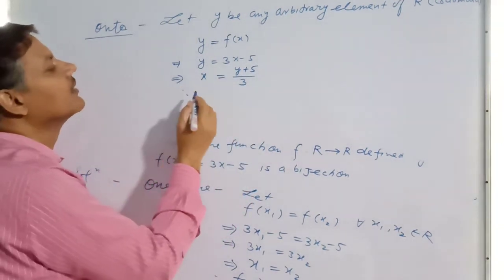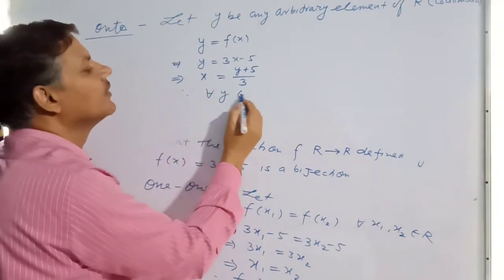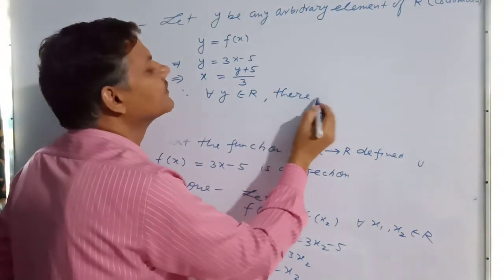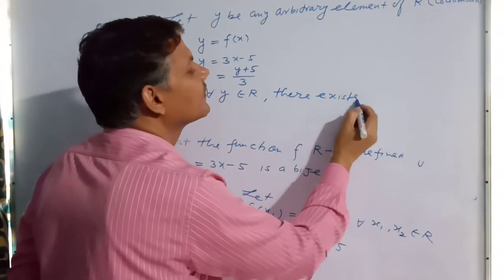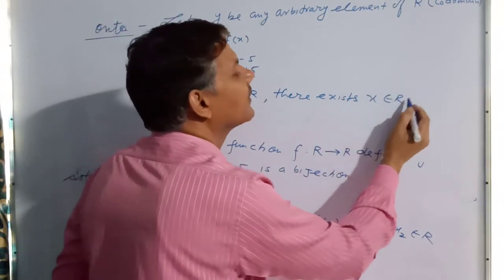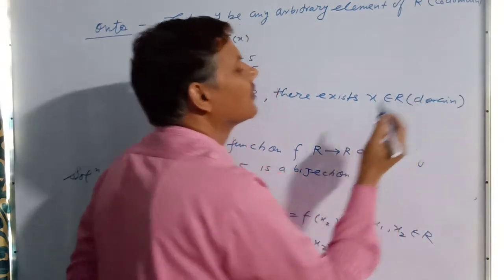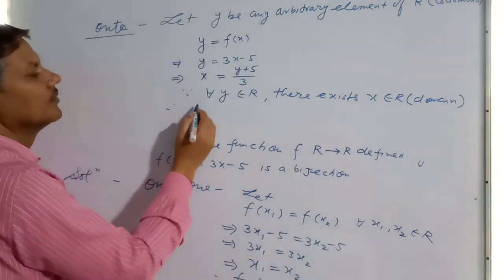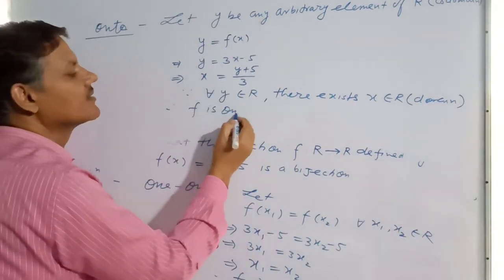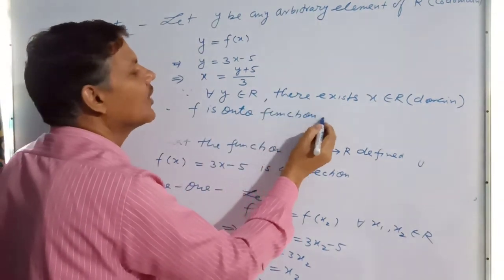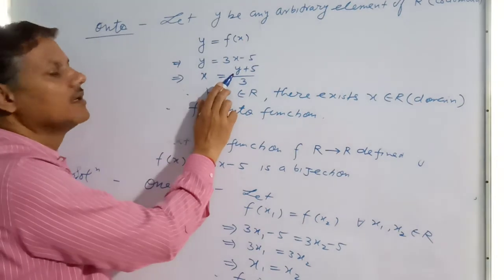Since for all y belonging to the real numbers, there exists x in R, that is the domain. Therefore, f is onto function. Why so? Since what is y? It is a real number.